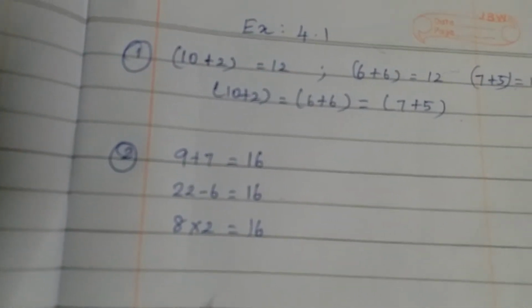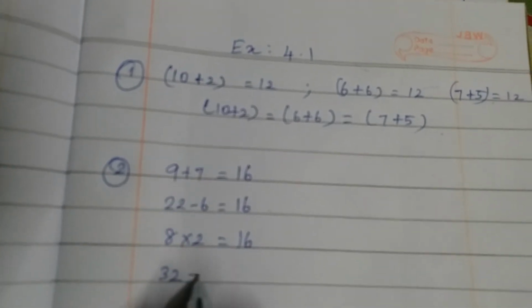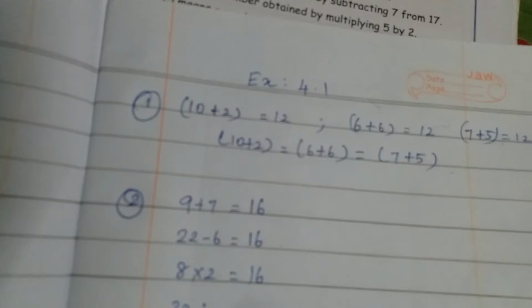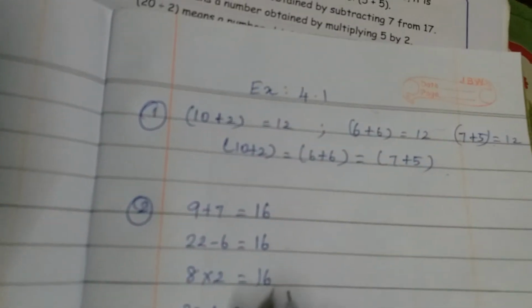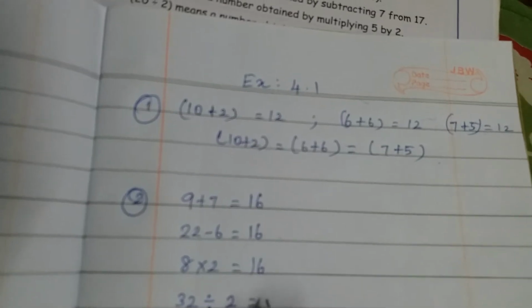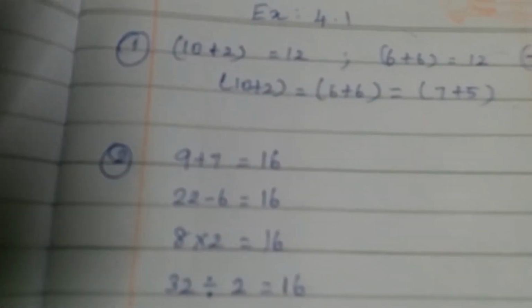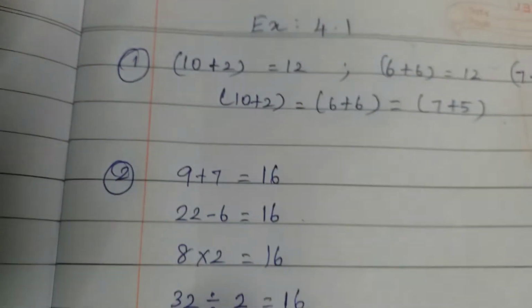And then 32 divided by 2 is equal to 16. Is it clear? So every answer is 16. So there are 4 pairs.